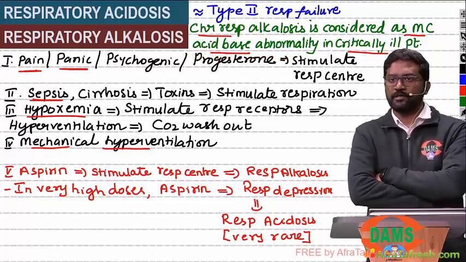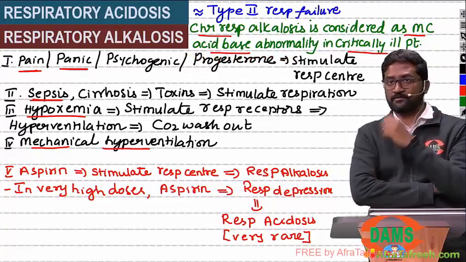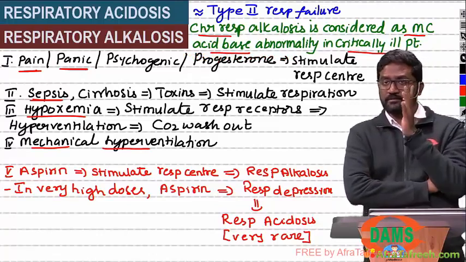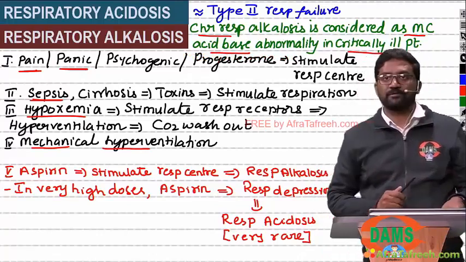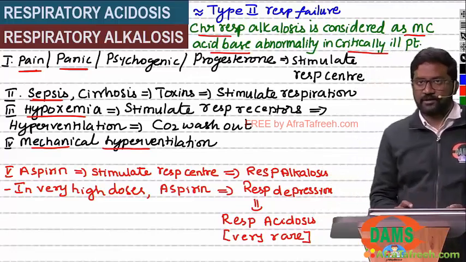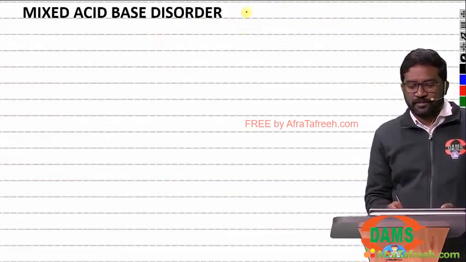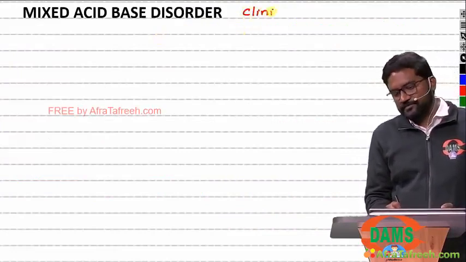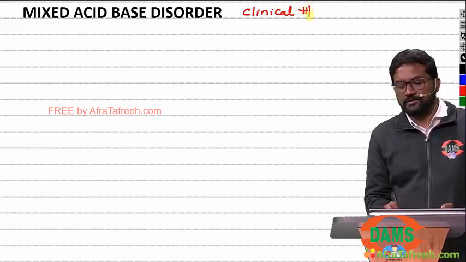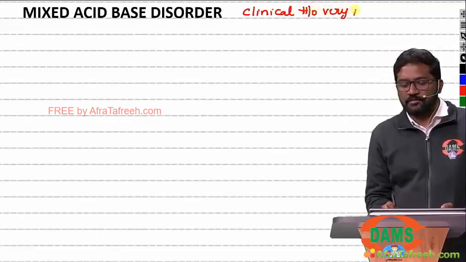For mixed acid-base disorder, clinical history is very, very important. Without clinical history, it is difficult to interpret mixed acid-base disorder. So write down: mixed acid-base disorder, clinical history, very important.